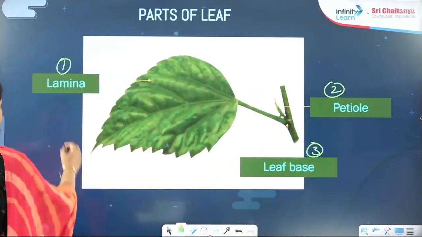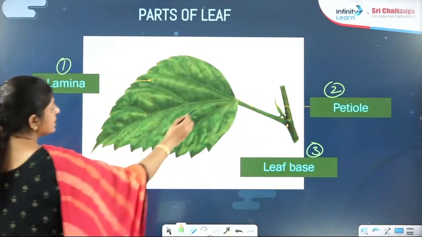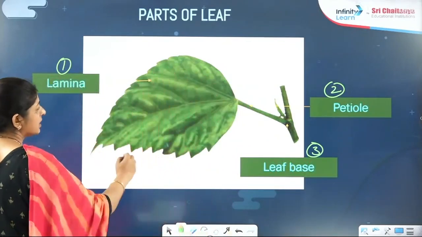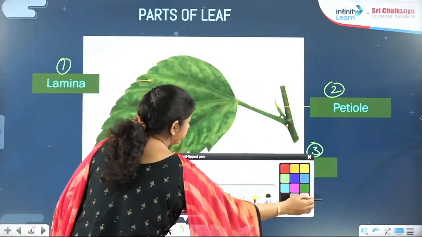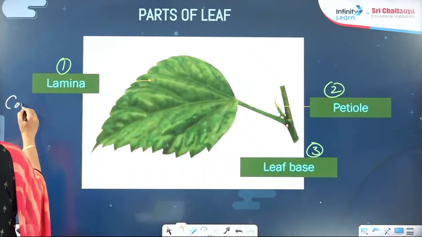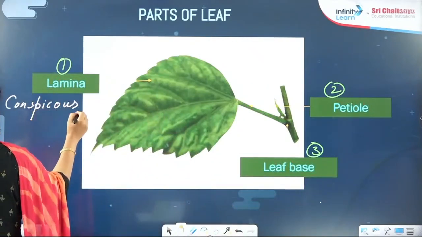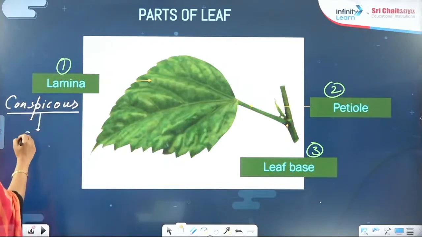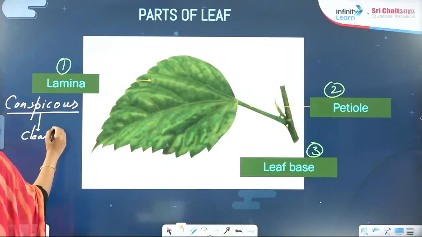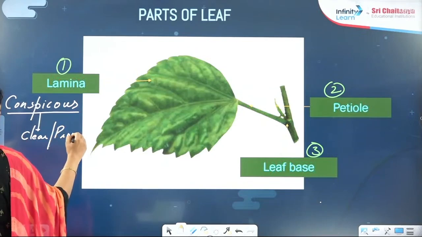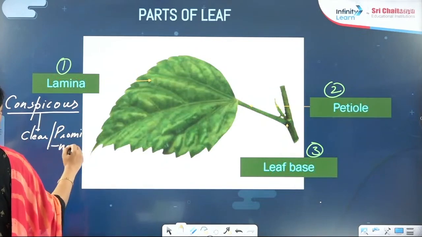Now first I am taking the lamina. Can you see this is the most conspicuous, meaning clear or prominent, part of the leaf.